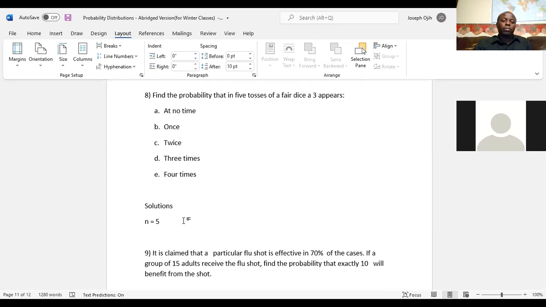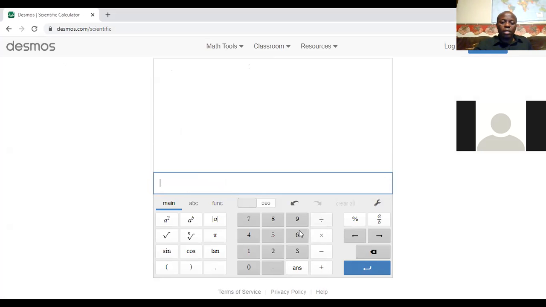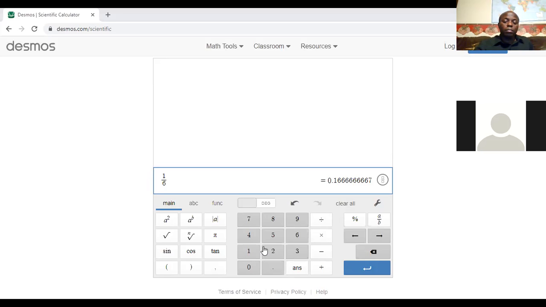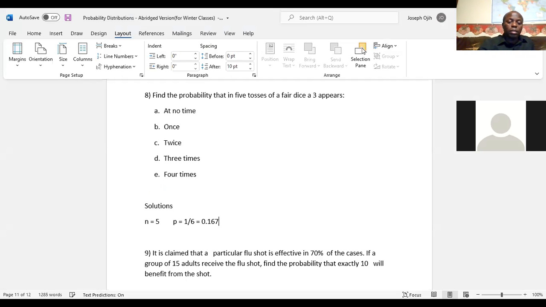So P will be 1 out of 6, which gives us 1 over 6, 1 divided by 6. That gives us 0.16667, which means 0.167.